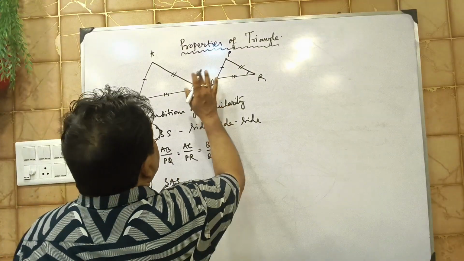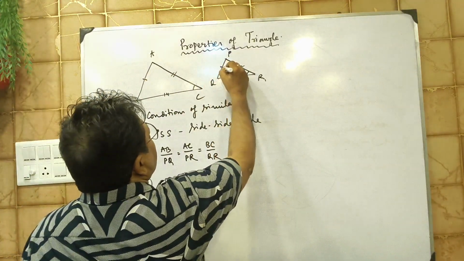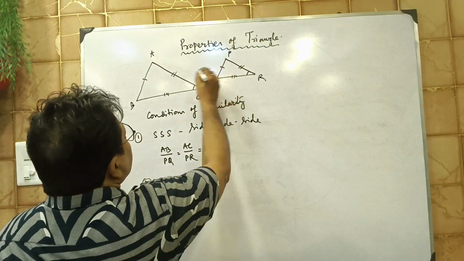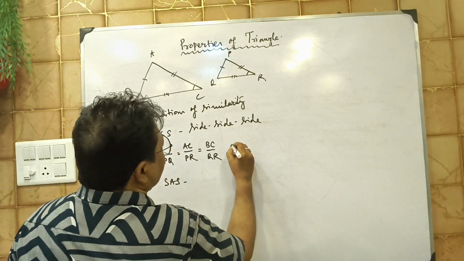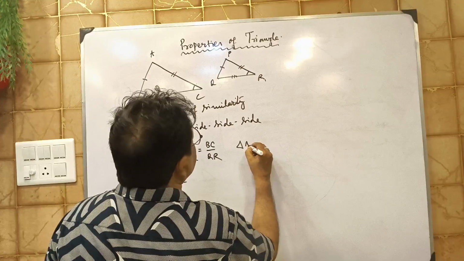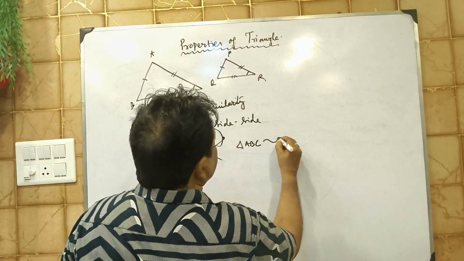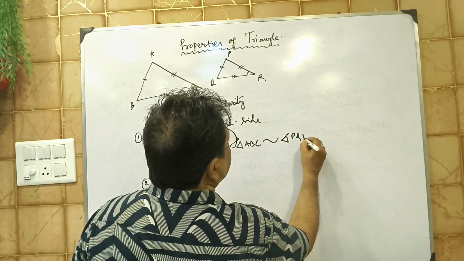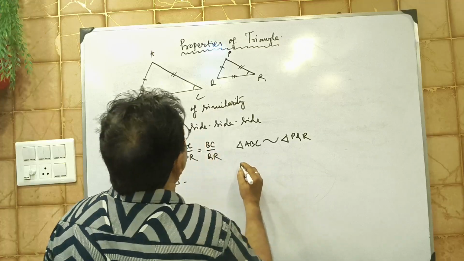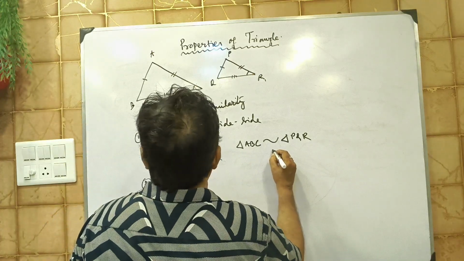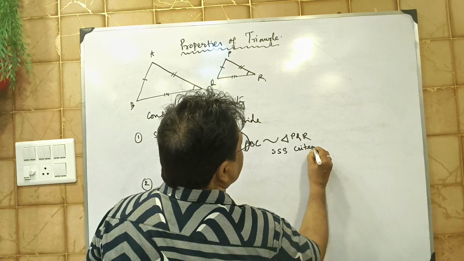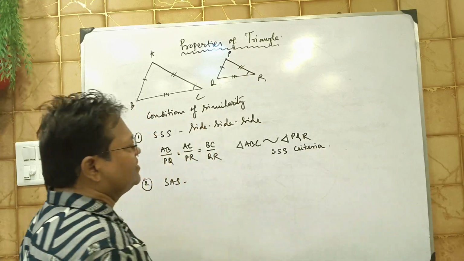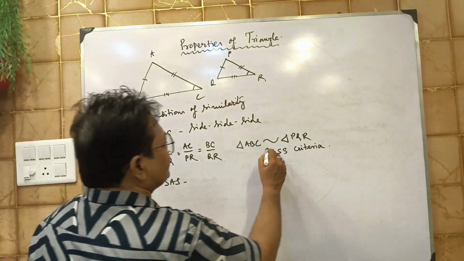So here we can write triangle ABC similar to triangle PQR, where side side side criteria. In this way you will write in the examination, side side side criteria.